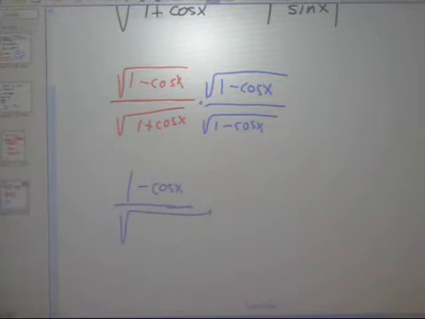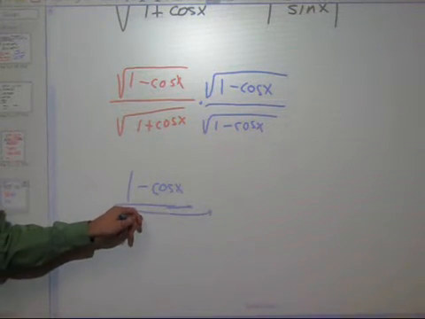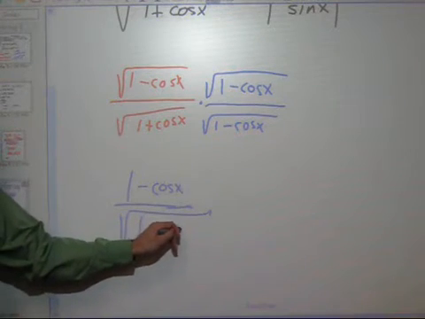So multiply it out. See what you get when you do that. What do we get? Square root of 1 minus the cosine squared of x.